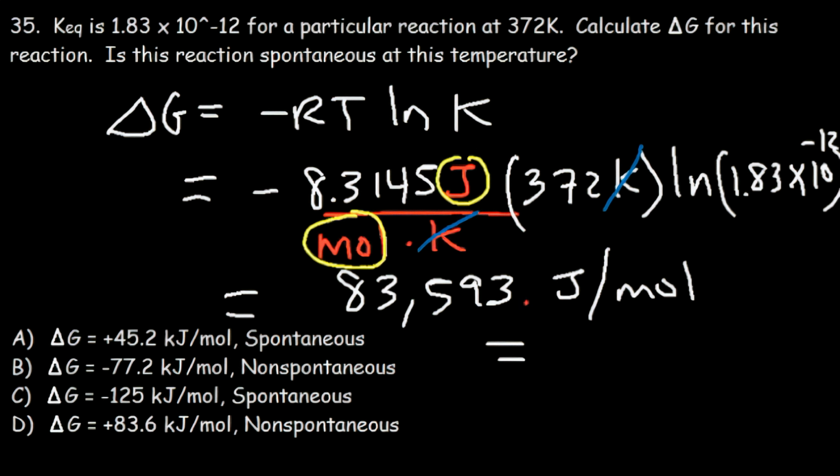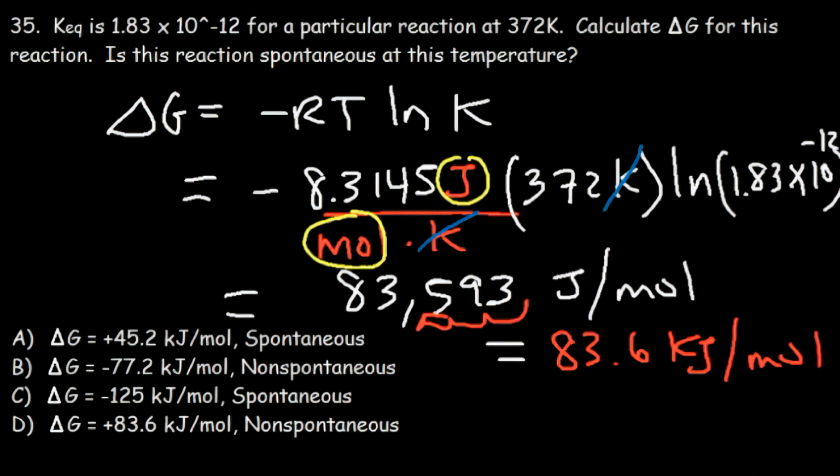We can also move the decimal 3 units to the left. So it's going to be 83.6 kilojoules per mole. And it's positive. So D is the right answer. Whenever delta G is positive, you have a non-spontaneous reaction.